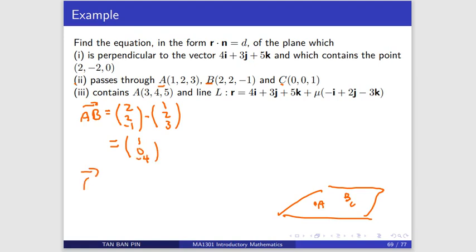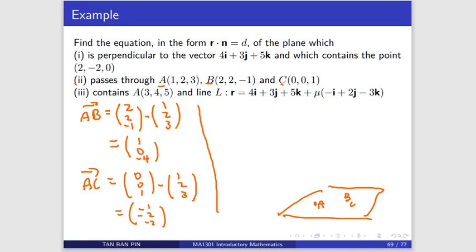Next you can find vector AC. So it's OC minus OA. This will give you (-1, -2, -2). So we can take this as vector u, this as vector v.